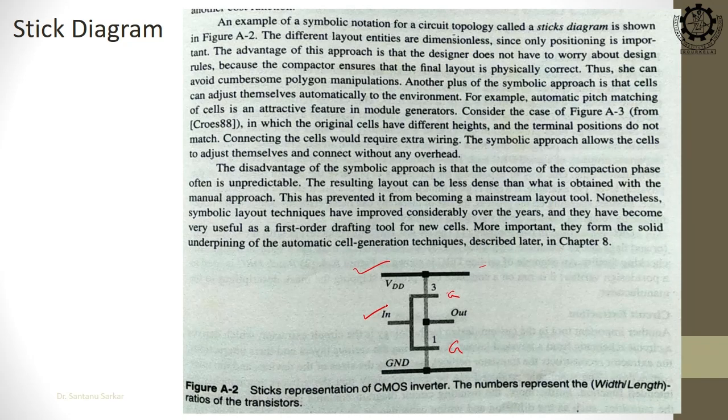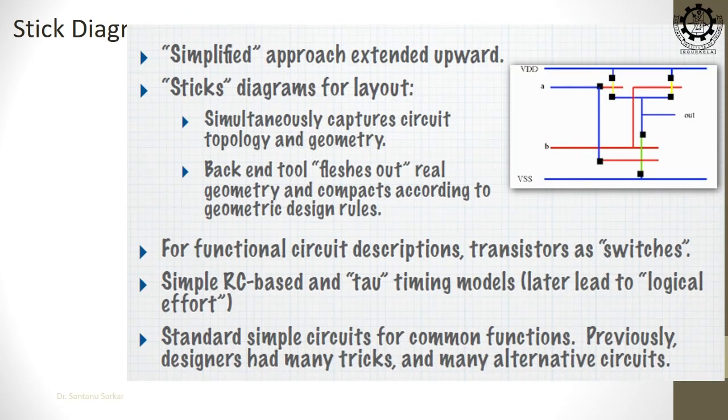This is an inverter, right. If you see this, you can understand this is the inverter, this is the PMOS, this is the NMOS, and their drains are shorted to the output, the NMOS source is connected to ground, and the PMOS source is connected to VDD, right. So, this is the easiest implementation.